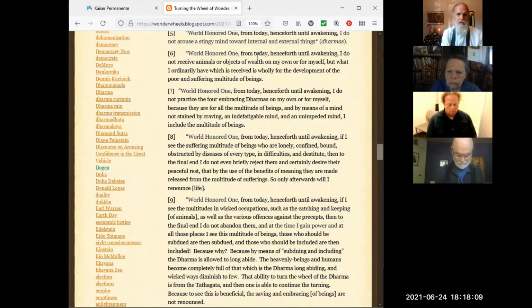So now we get into the next 5, and these are a shift because they are now not oriented towards her own mind training, if we want to call it that, or mind practice. They're oriented towards social issues in relation to other people. So item or proclamation vow number 6.